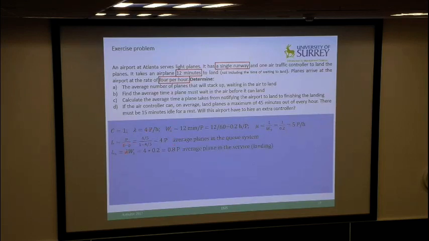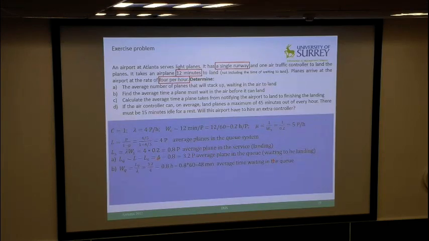Also, the service time is a given condition, 0.2, and we know lambda, the arrival rate, so we can calculate the average number of planes in service. Then we calculate L minus Ls, which is roughly 3.2 planes on average in the queue waiting to land.